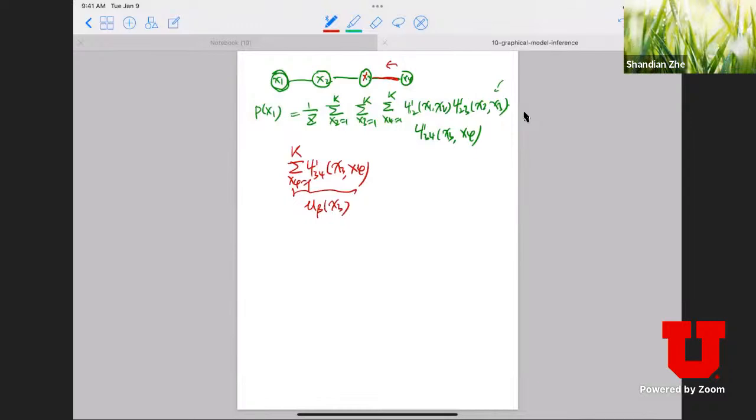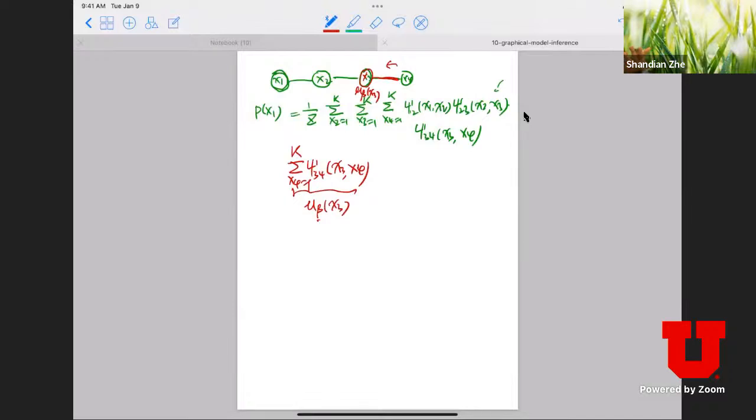Here I use beta to denote that the calculation direction is now from right to left. This mu beta of x3 function aggregates all the potential products from the last node up to x3.